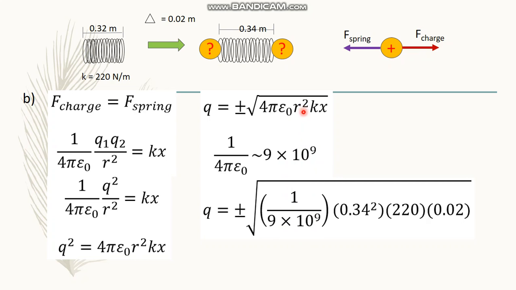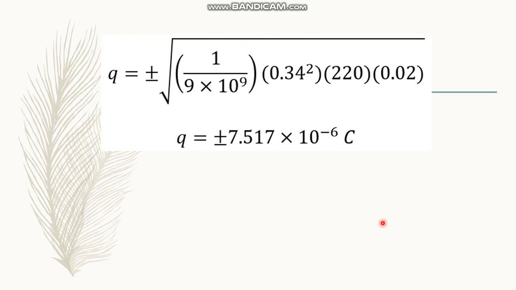And r is the distance between the charged objects, so that's 0.34, and we have 0.34 squared. k is the spring constant, 220. And x is the change of its length from its unstrained length, so we have 0.02.